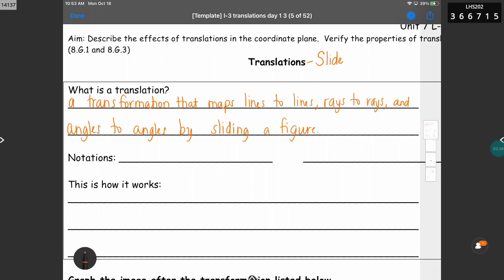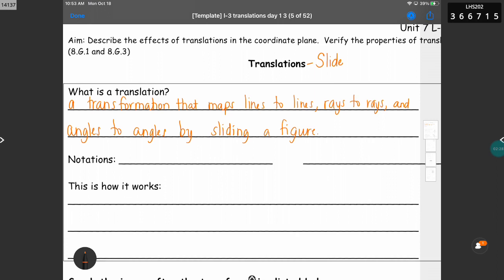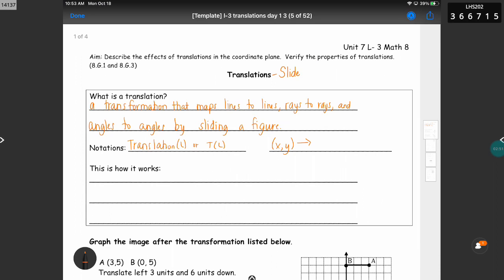Okay, notations. We write this as translation of L or T of L. It can also be written, this is what we call function notation, x, y with an arrow, and then we would have x plus or minus a number, and then y plus or minus a number.